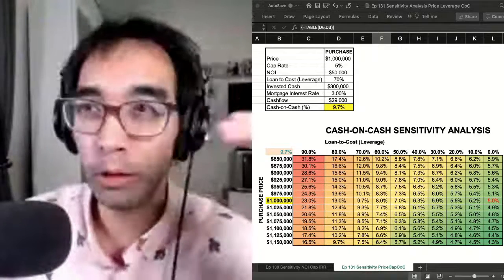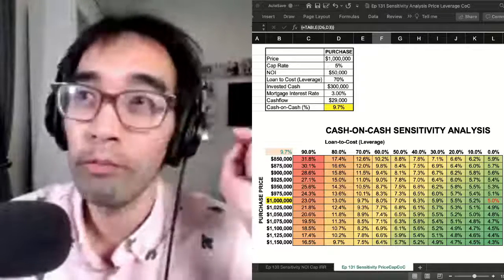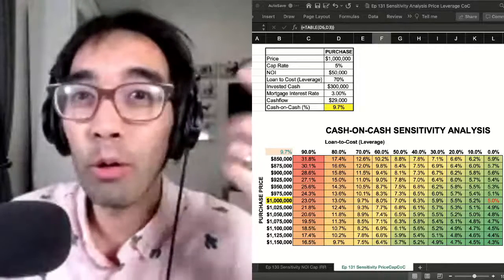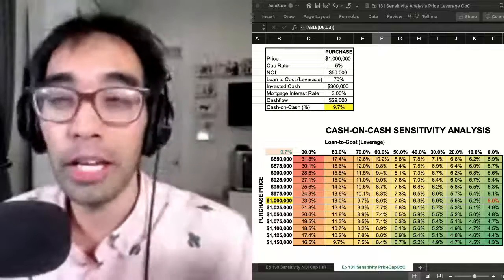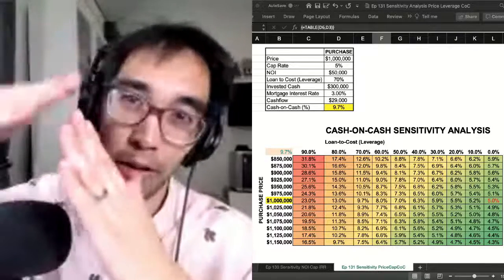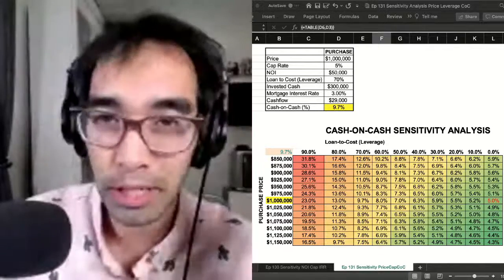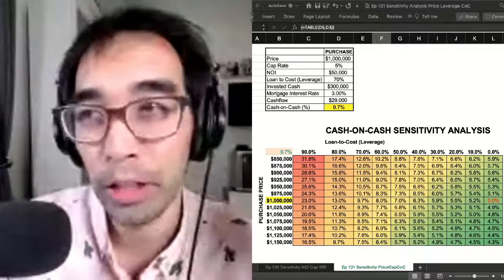That proportion, the loan to cost, is what we call your leverage. And the more leverage you take, the bigger the gains can be, but also the higher the risk is because you're taking on a bigger mortgage.